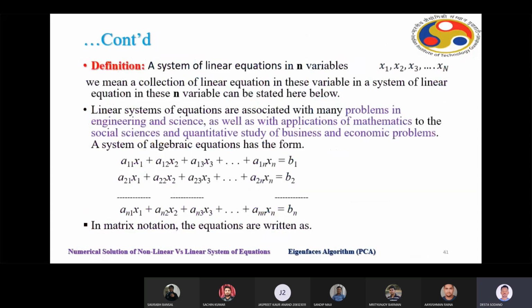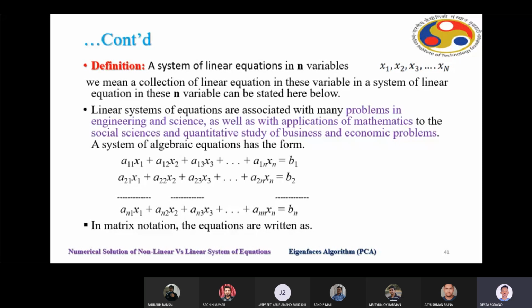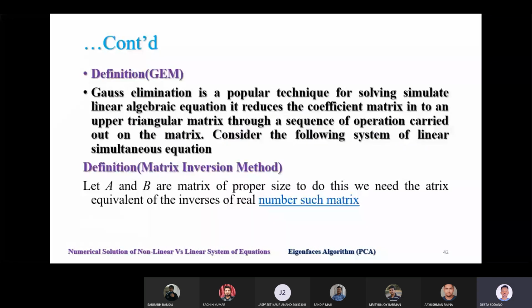So this is the general definition for a system of linear equations, the numerical solution of a system of equations. Based on this general definition, we are solving most of the direct or indirect, iterative methods. Gaussian elimination is a popular technique for solving linear algebra; it reduces the coefficient matrix into upper or lower form.